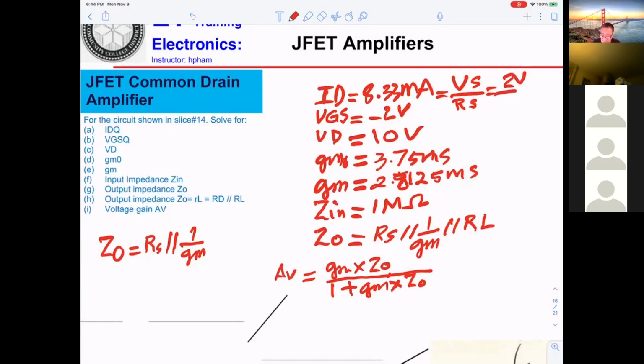Uh-huh. IS will be 0.24. So 2 divided by 0.24, that one you get 8.33.